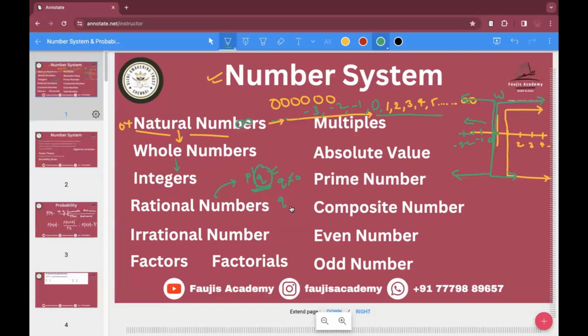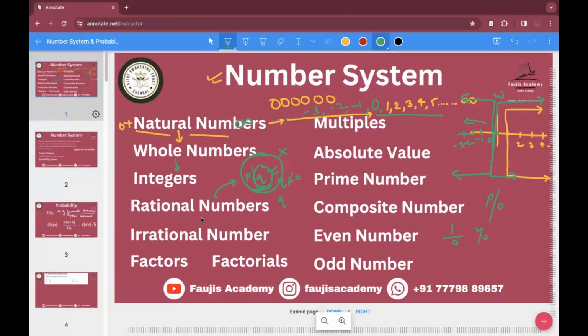When the denominator Q becomes 0, the whole point of having it as a fraction is lost. We cannot say that P by 0, or let's say 1 by 0, 2 by 0, is a rational number. It's an imaginary number.